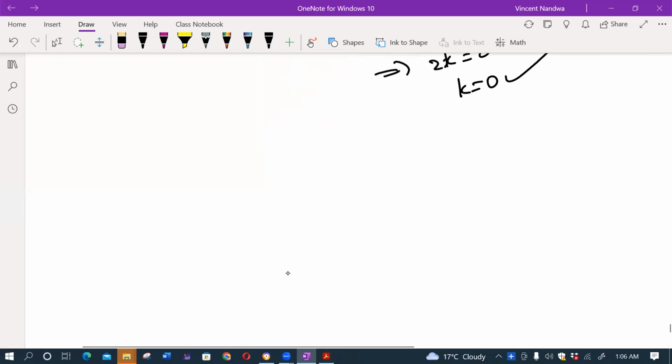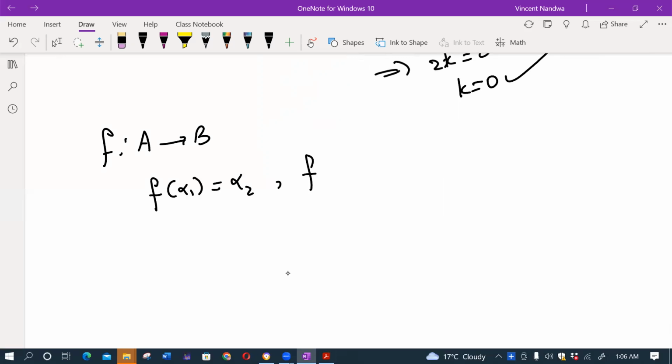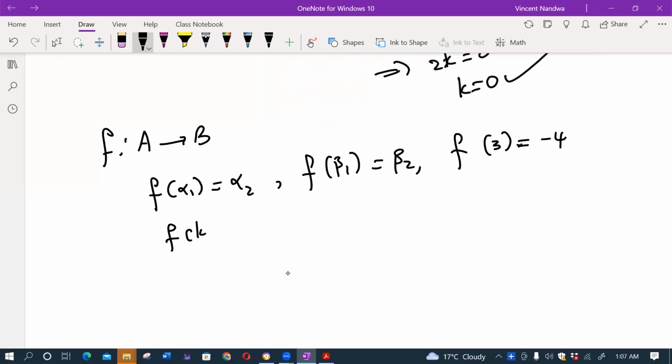So in the first case, a function f from the set A to set B is such that f of alpha 1 is alpha 2, f of beta 1 is beta 2, f of 3 is minus 4, f of k is r, f of w is y.